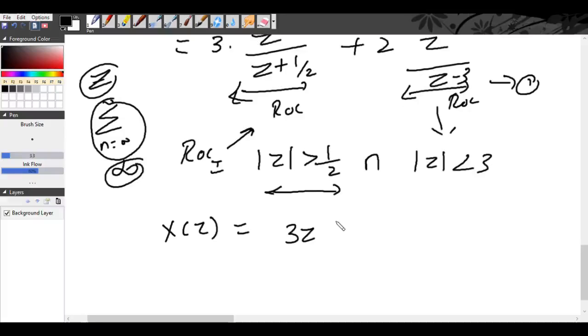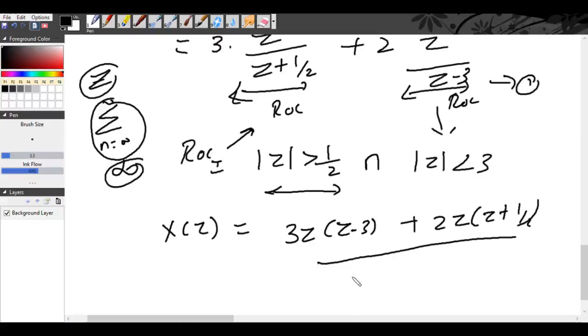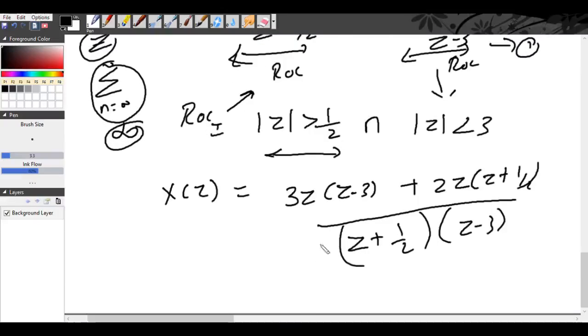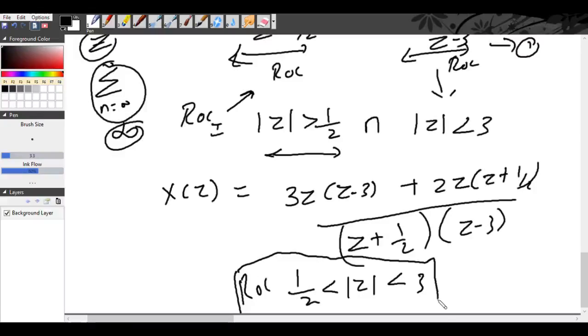Just take the LCM: 3z into z minus 3 plus 2z into z plus half, over z plus half into z minus 3. Easy, right? So what will be the ROC of this? The ROC will be between half and 3. I hope it is easy to understand, right?